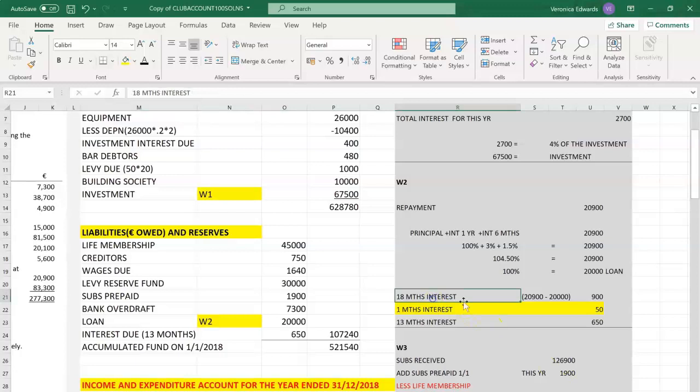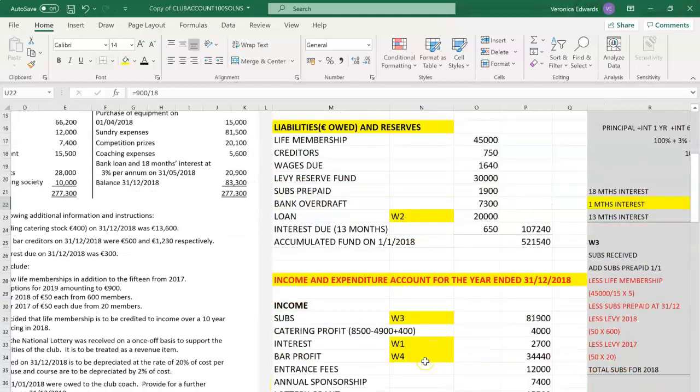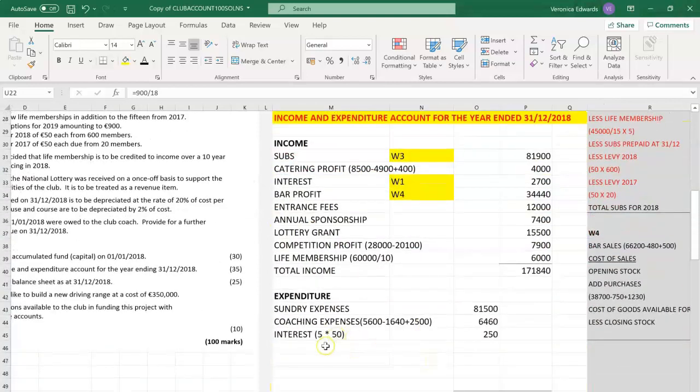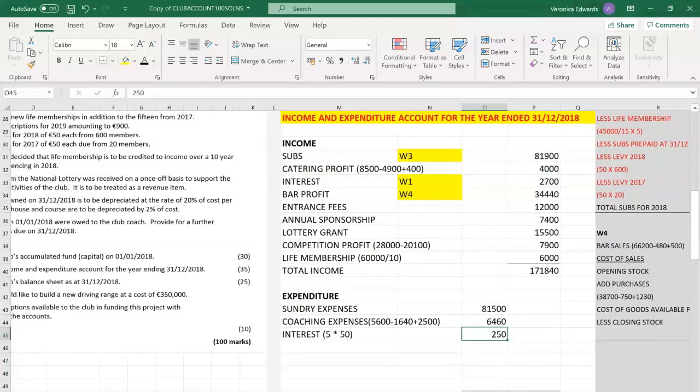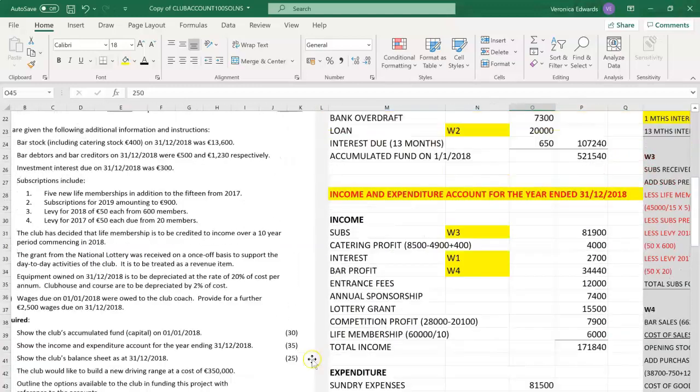Remember that we established that 18 months interest was €900. 1 month's interest would be €50. You just divide by 18. So if we know that 1 month's interest is €50, it should be easy enough to figure out what 5 months interest is. We just take 50 and we multiply by 5, and that's €250. So that's the portion of the interest that relates to 2018.